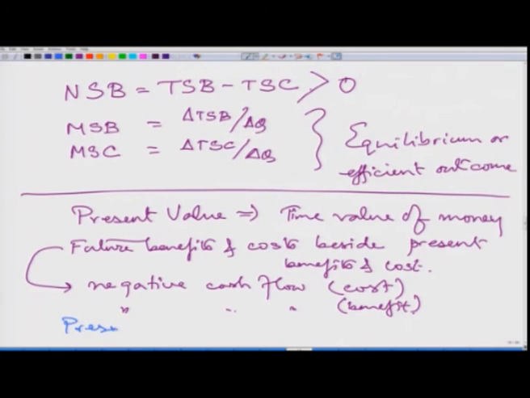Finally we will try to maximize the present value, that is the objective of expected net benefits or net social benefits, right? That's what we try to do.